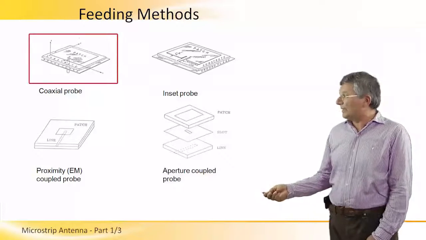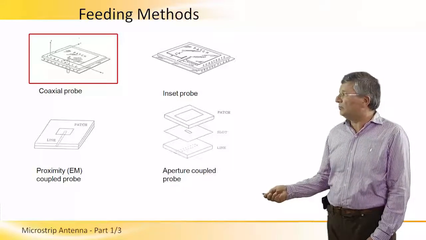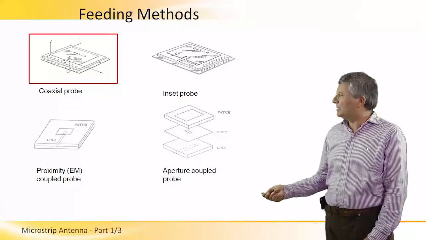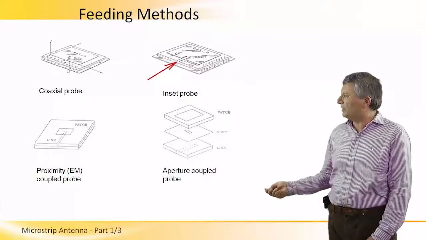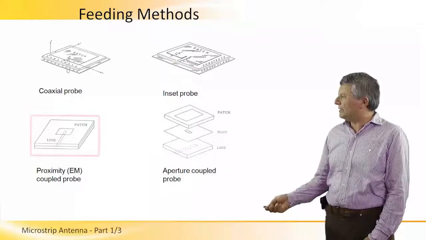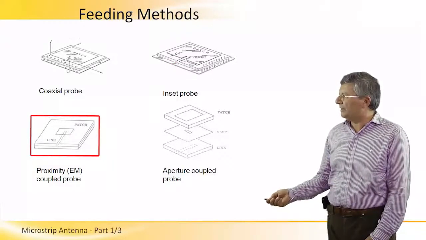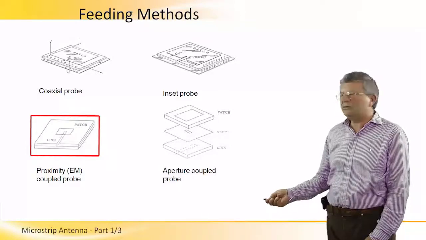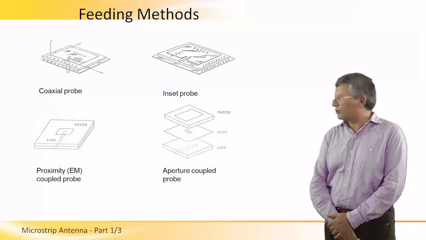So a second way of feeding the resonator or the cavity domain under the patch is using some sort of inset microstrip into the cavity. And a third way is using a strip which is penetrating the cavity domain under the patch without touching anything, and by electromagnetic coupling it excites the cavity domain under the patch.